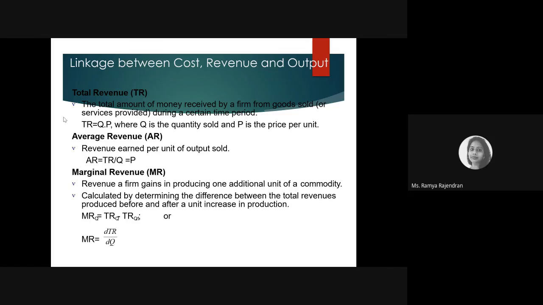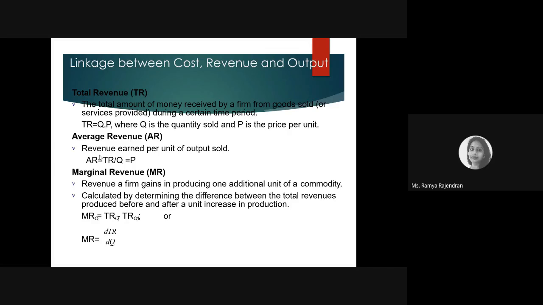It is calculated by Q into P, where Q is the quantity and P is the price. Average revenue is total revenue divided by Q. It's the revenue earned by selling one product. Okay, I mean not one product, the prices may vary, so maybe you can say revenue earned per unit.